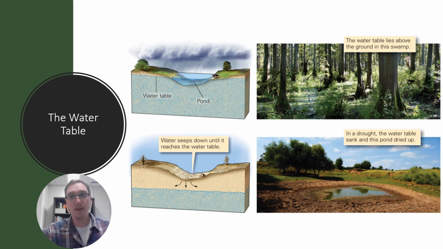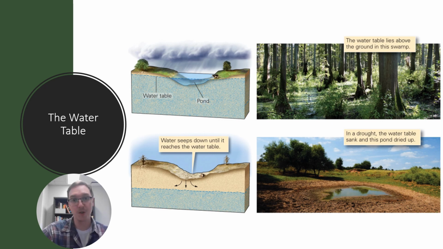So water and the water table is expressed in a few different ways on the surface. It can be expressed as perennial ponds and streams and rivers. So where the water table intersects the surface, we have base flow conditions in streams, or we've got a pond or a lake that is there all year long. These are just expressions of our water table on the surface.